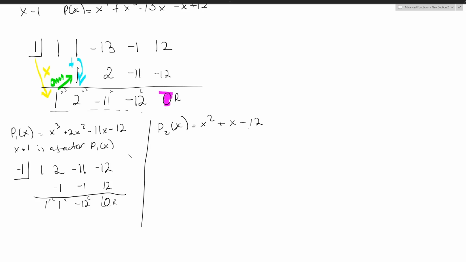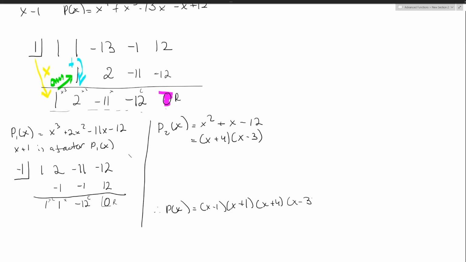We could just factor it as we usually do, which would mean we find what multiplies to negative 12 and adds to positive 1, which would be x plus 4 and x minus 3. Therefore, p of x can be factored to x minus 1, x plus 1, x plus 4, and x minus 3.